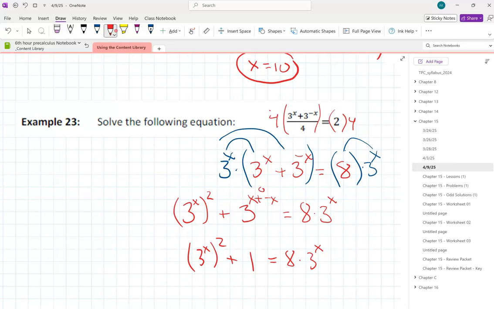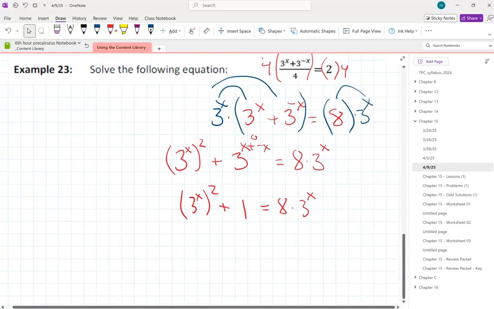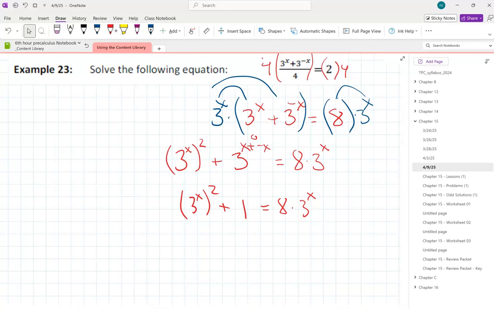So take a look at this equation right now. When I look at this, I see, okay, I have something squared plus a constant equals a constant times that thing, right? Looks kind of like a quadratic to me. You guys see it? So that's what I'm going to do.